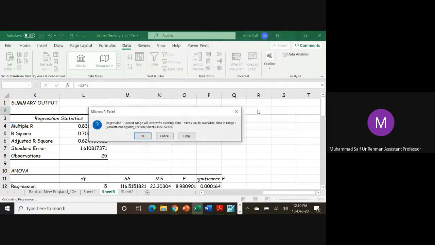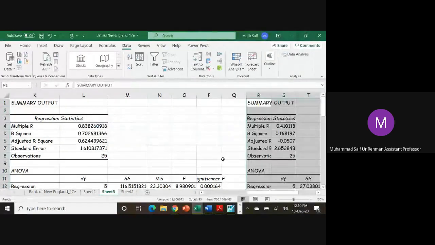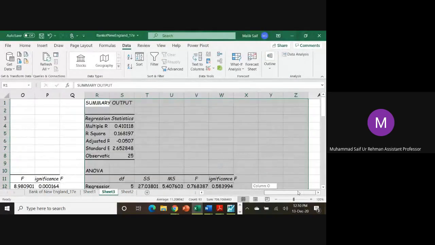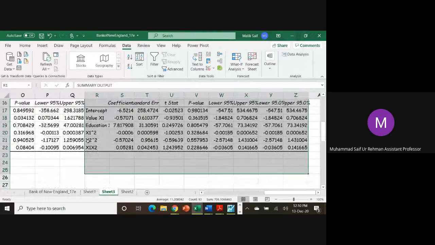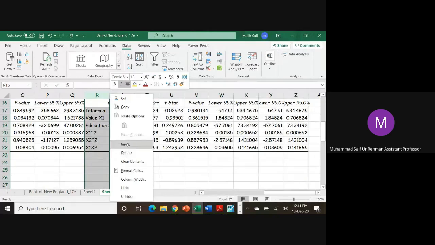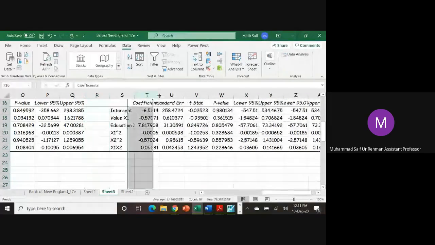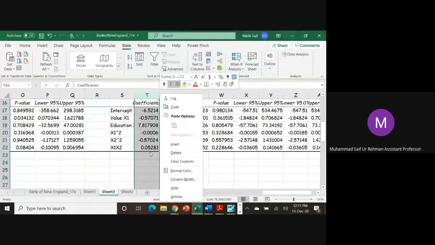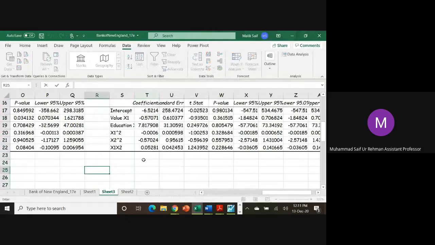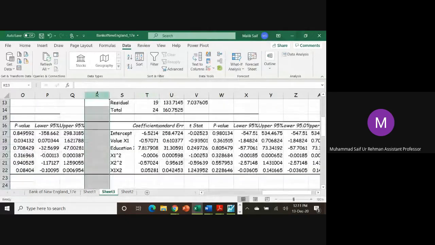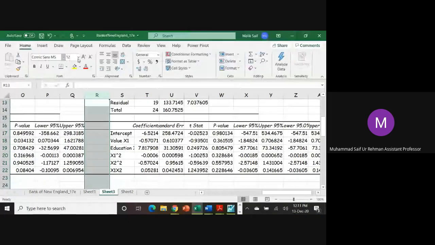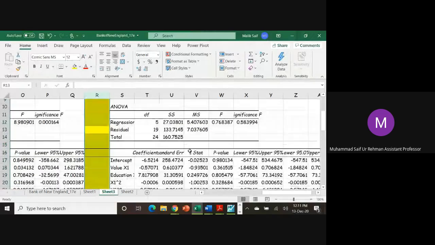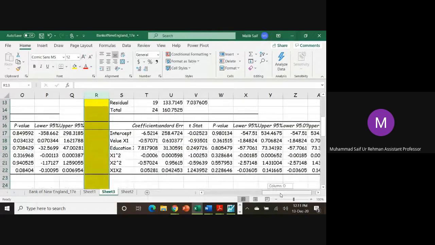There is some problem, an overwriting issue; it was asking whether I should paste or not. So I want to separate it from that. So this is the output.